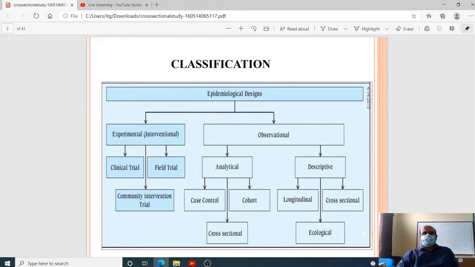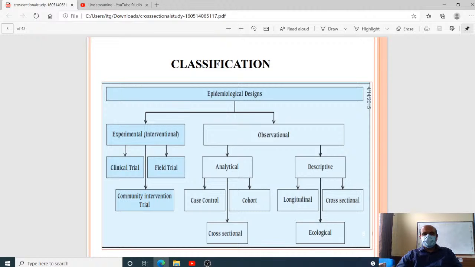Okay. So coming to the classification, there are two types. I will go faster. Epidemiological study designs are divided into two types: experimental, or interventional, studies and observational studies. In experimental studies, clinical trials, field trials, and community intervention trials are the three types.